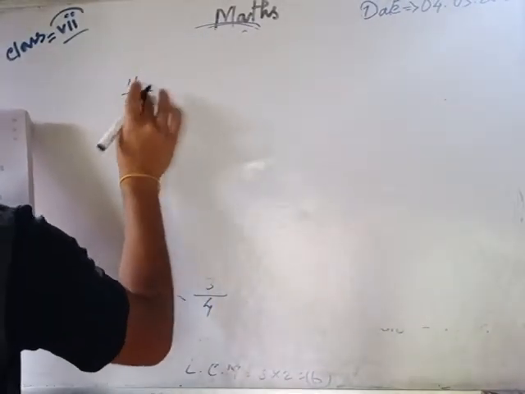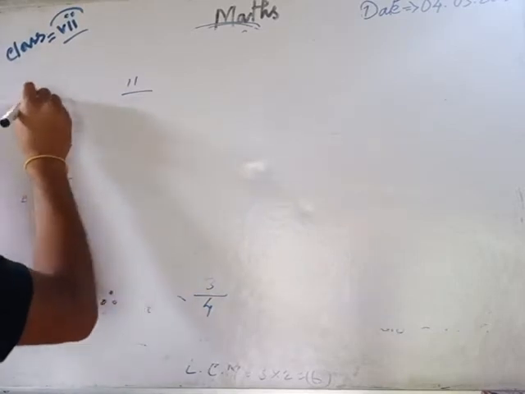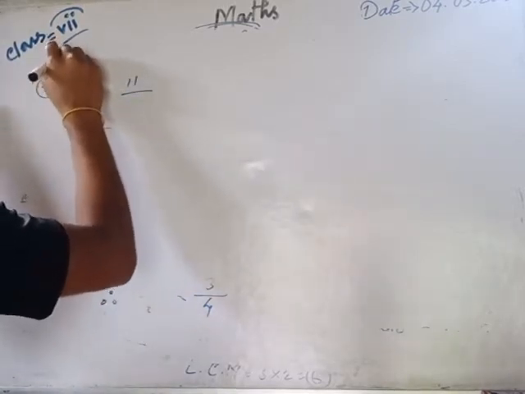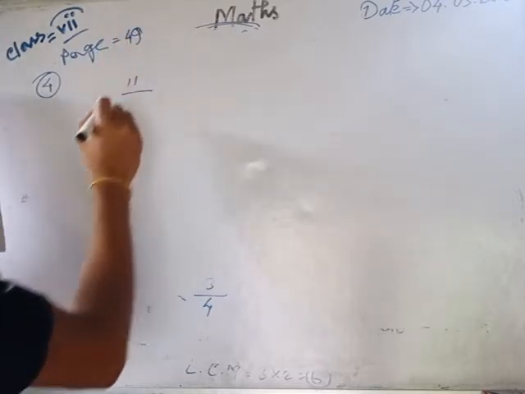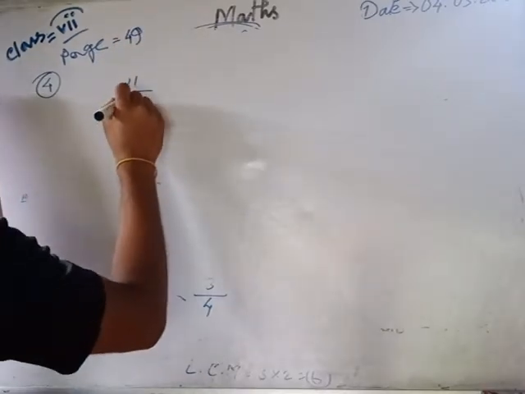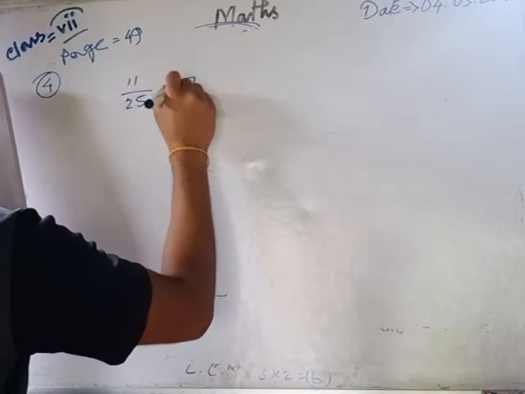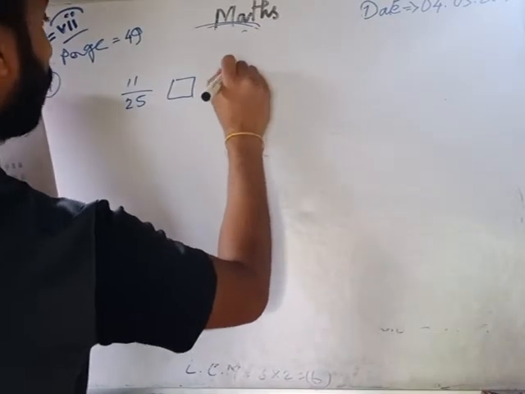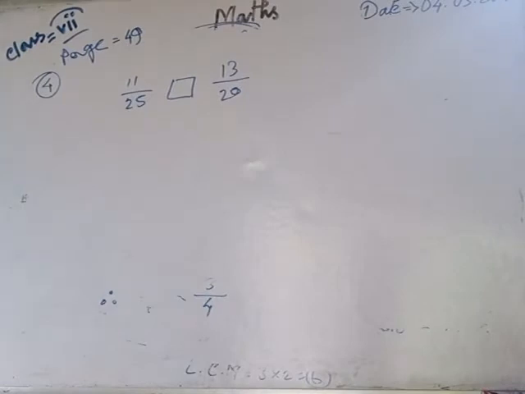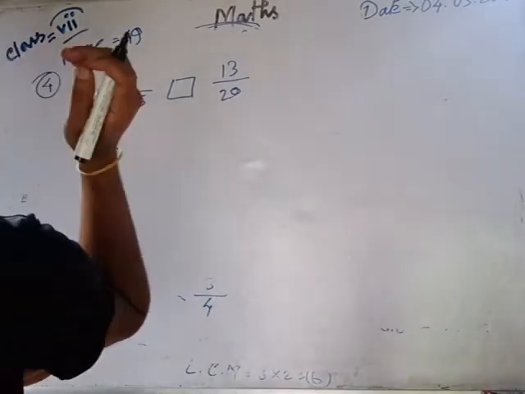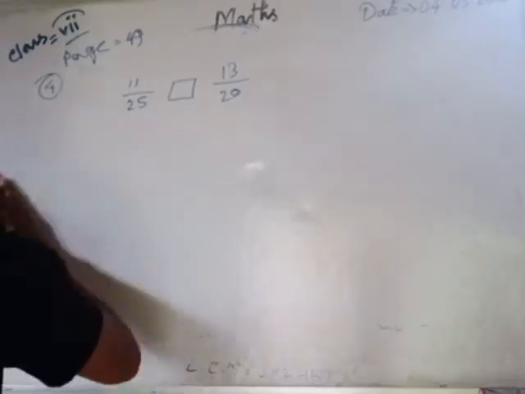Suppose it is 11 by 25, page number 49 over here, and 13 by 20. That means at first we should make the equivalent fractions.